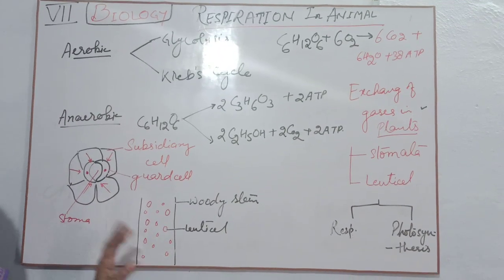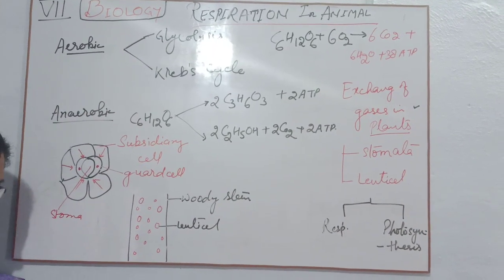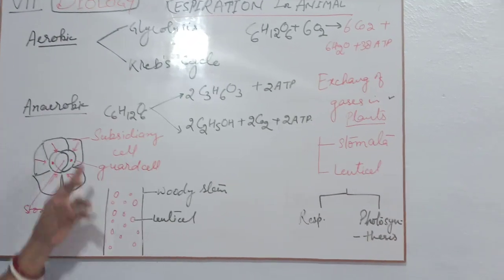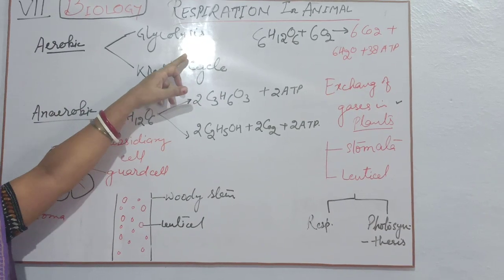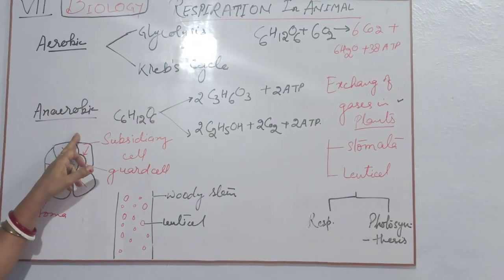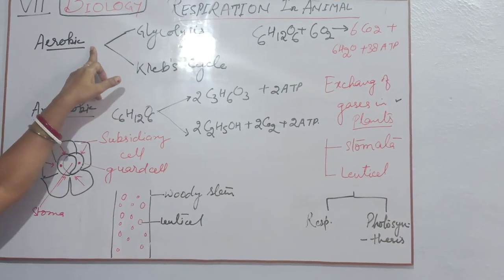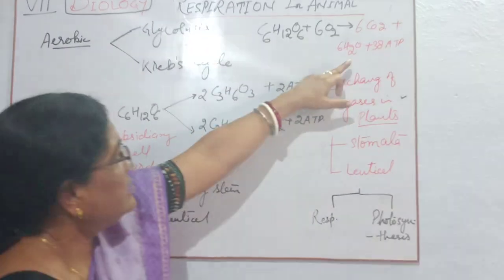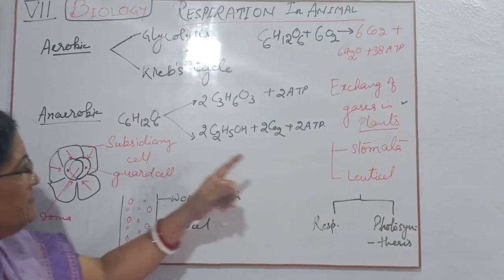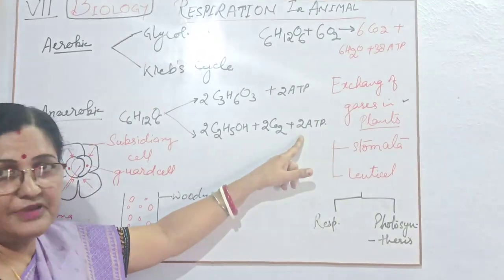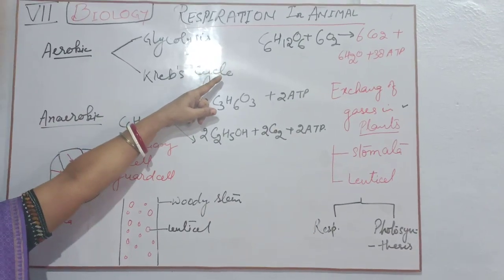Now come to the difference between aerobic and anaerobic respiration. As you know, aerobic respiration needs oxygen. In anaerobic respiration, there is no need of oxygen. Aerobic respiration releases 38 ATP and anaerobic respiration releases 2 molecules of ATP. Why do they release 38 molecules of ATP?